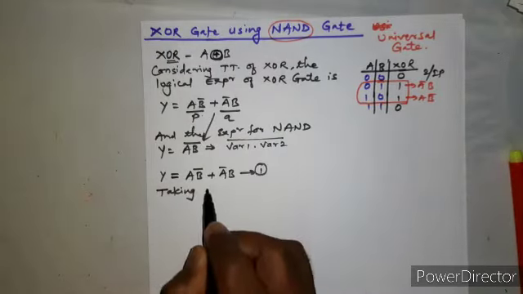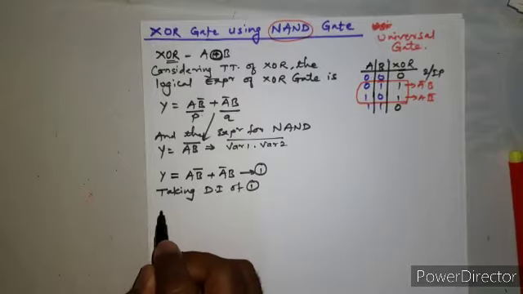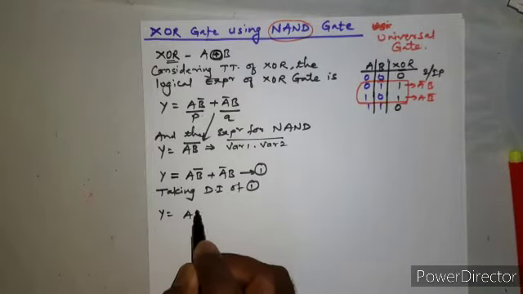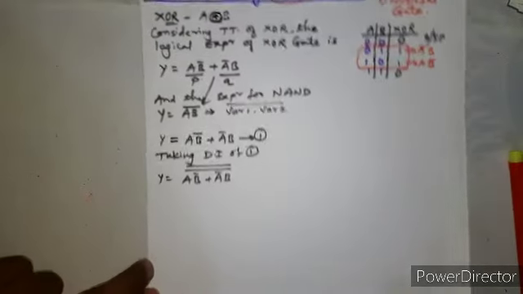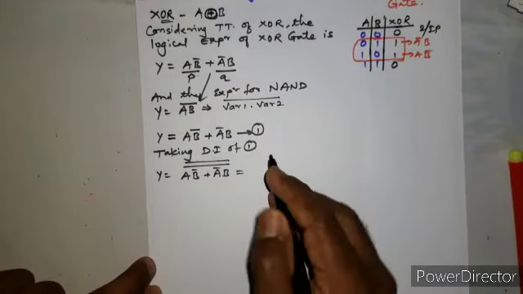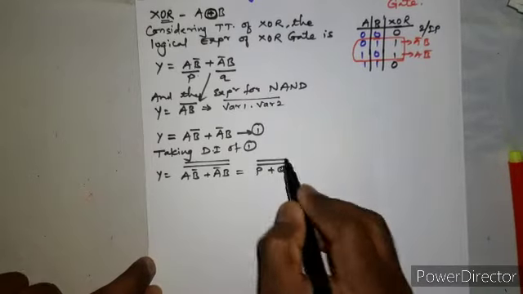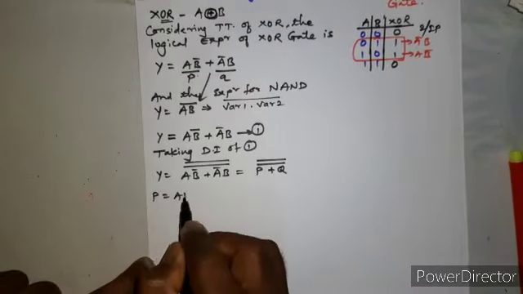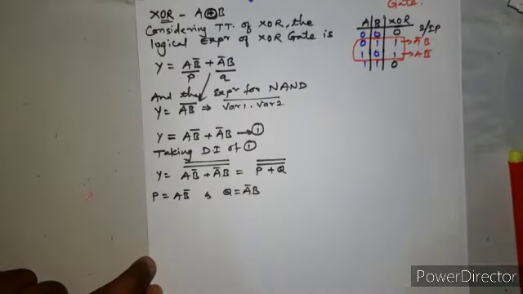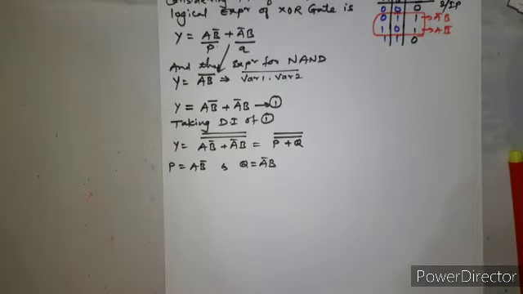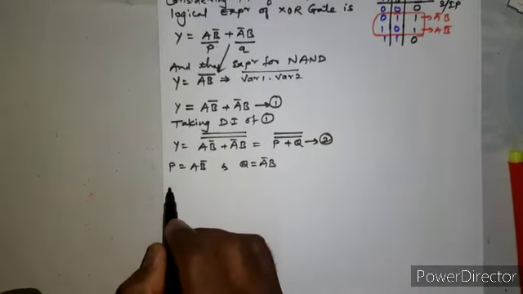So we'll say equation 1, taking double inversion of 1, we have y equal to A B bar plus A bar B double bar, right? So this can be written as P plus Q double bar, where P is equal to A B bar and Q is equal to A bar B, just for simplicity purpose. Now consider this as equation 2.